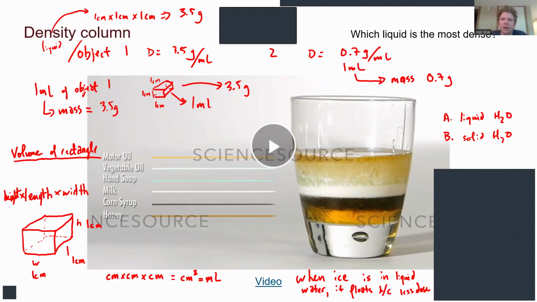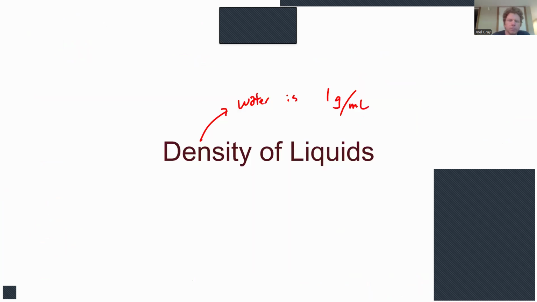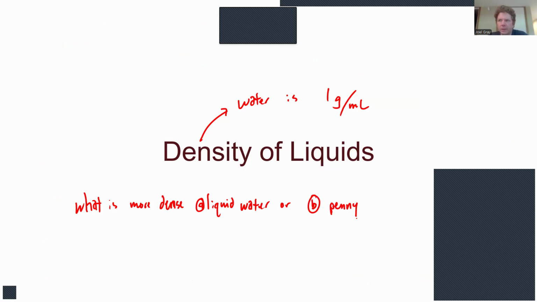So one way to think about that is, I'm going to switch it up rather than thinking about water and ice. What is more dense? Don't think about the word density, but instead think about liquid water, or B, a penny. And rather than thinking about the specific question that's being asked, instead visualize that.